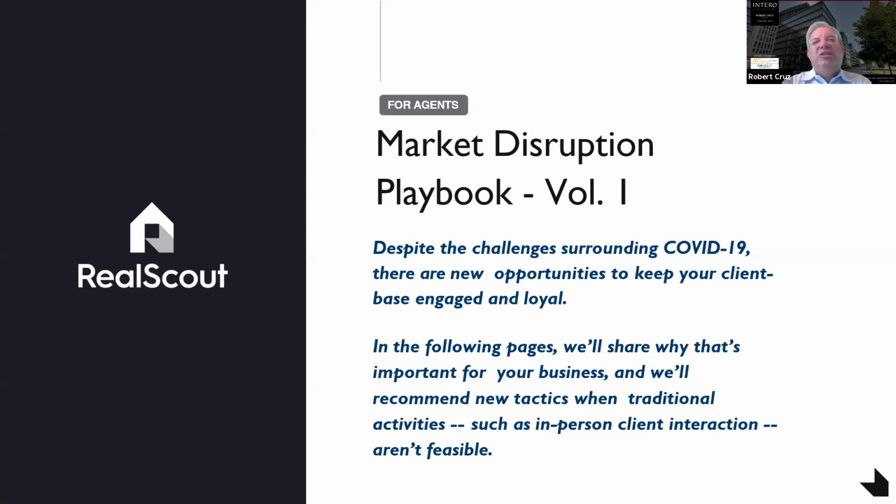This last part is something I believe they shared with us already, and it's how to use Real Scout during this COVID era. So it's about 10 more pages. I'm not going to read them to you.